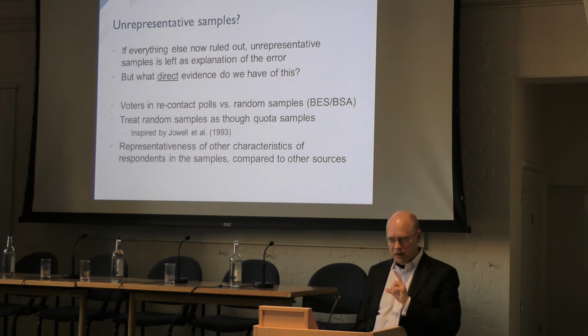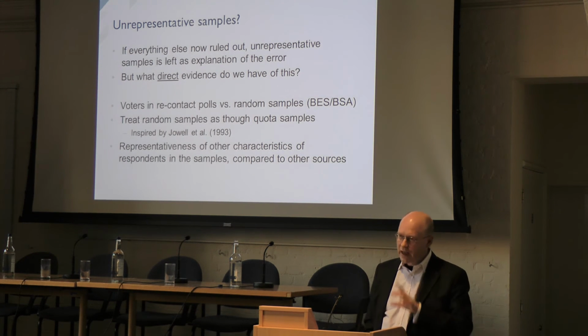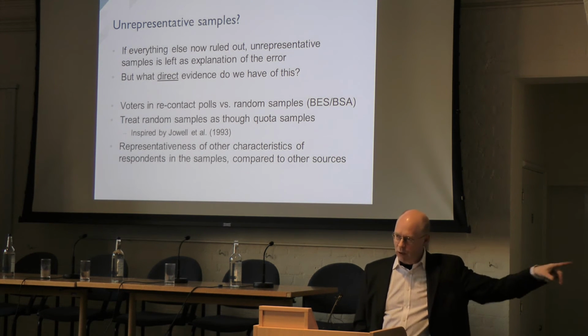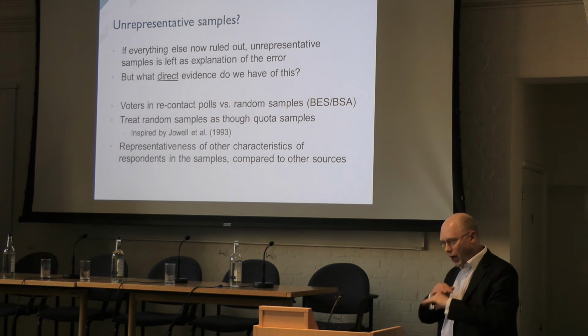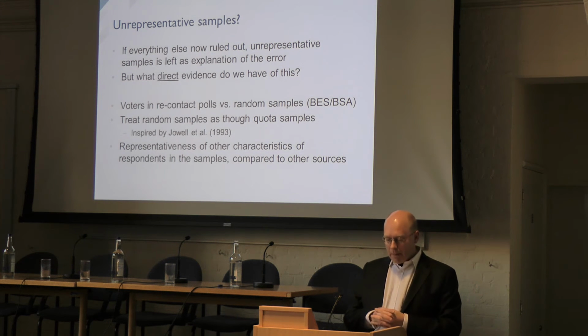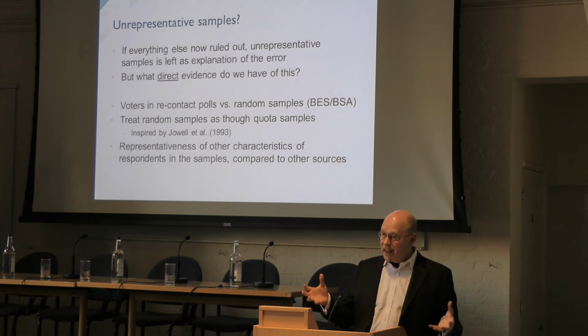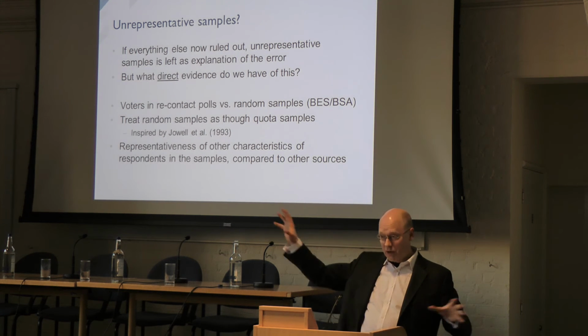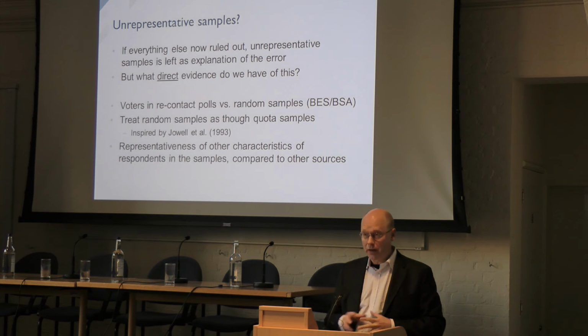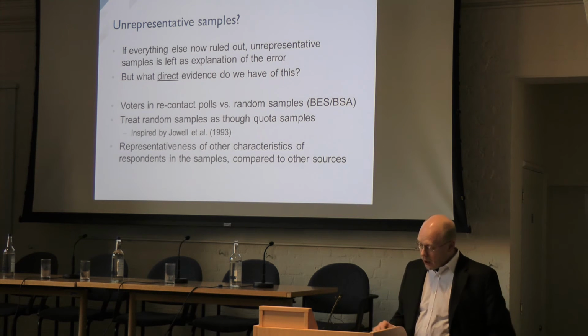So the only thing that differs is the sampling in this comparison. So we looked at that, and you've in fact seen the elements of that on earlier slides. Bottom line, the difference is still there. So the difference between the polls in this version and the surveys is still there.